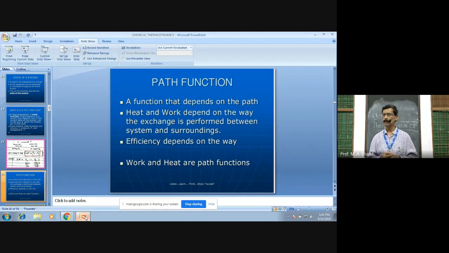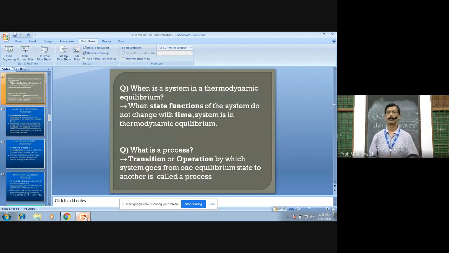The teacher will expect the answer from you: since W and Q depend on the path followed by the system to go from initial state to final state, or we can say from one state to another state. Okay, we'll go for the next slide.